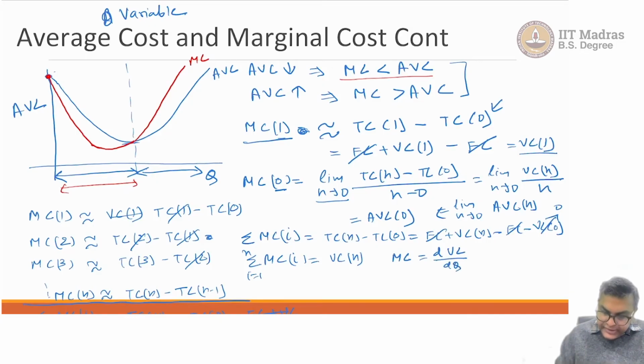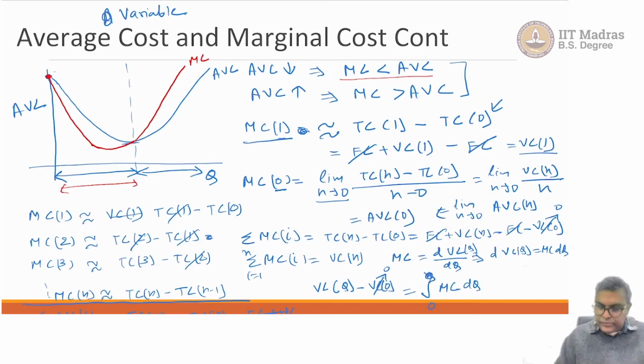So if we write it like this, dVc equals MC dq, and if we integrate, we will get Vc(q) minus Vc(0), which is nothing but 0, equal to the integral of MC dq from 0 to q, and that's what we will obtain. This is of course way more accurate.